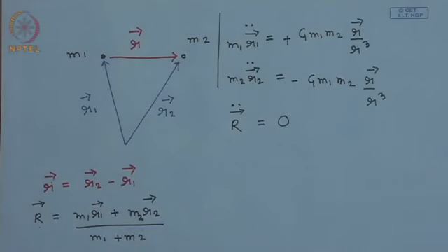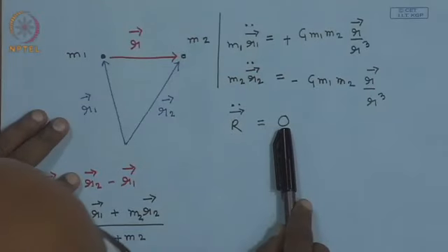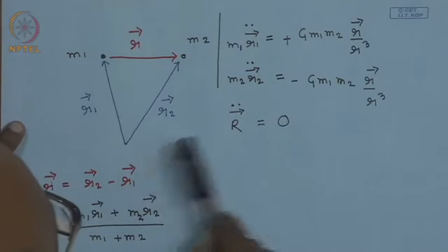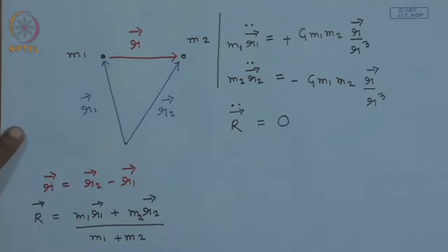So, what we see is that the center of mass of the two particles moves like a free particle. There is no external force acting on the center of mass. So, the combined system made of these two particles can be thought of as the motion of the center of mass, and that moves like a free particle. So, if it is at rest to start with, it will remain at rest, and if it is in uniform motion, it will continue to move with whatever velocity it has.